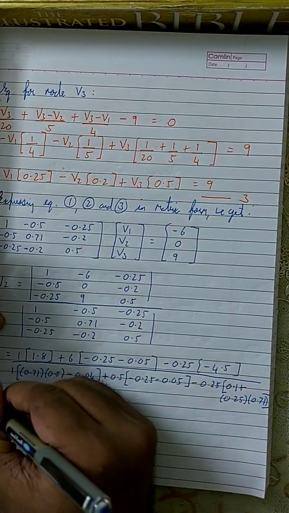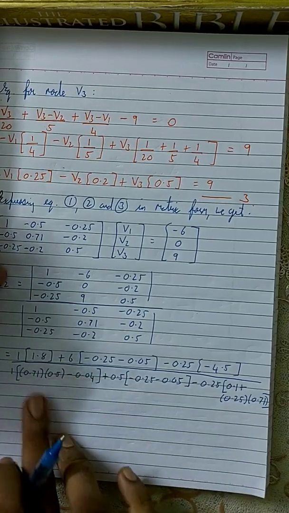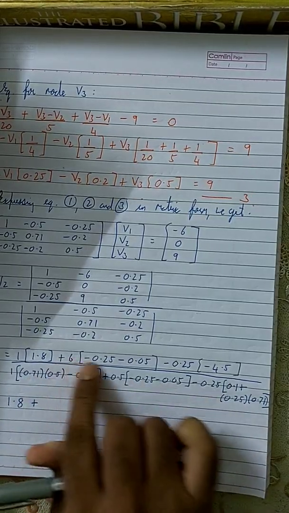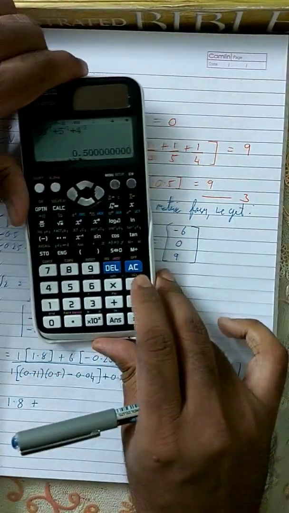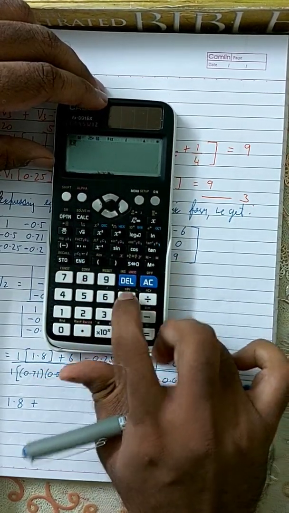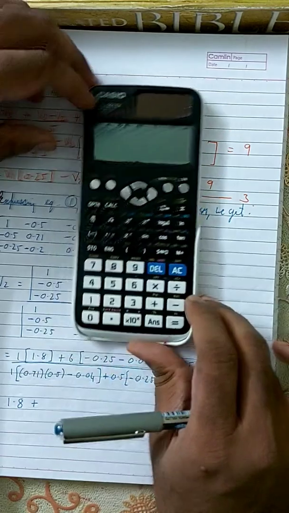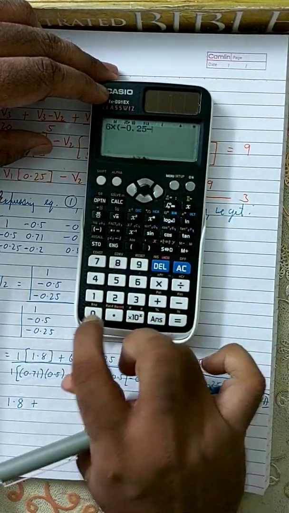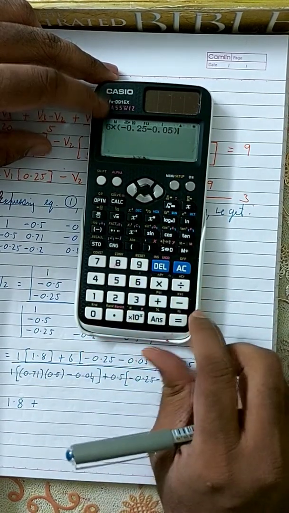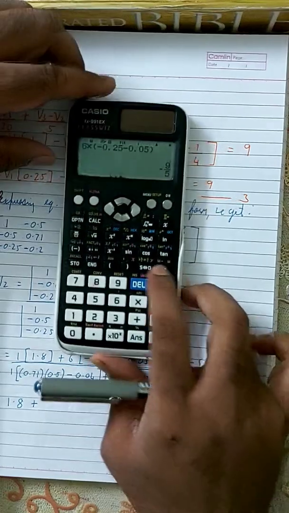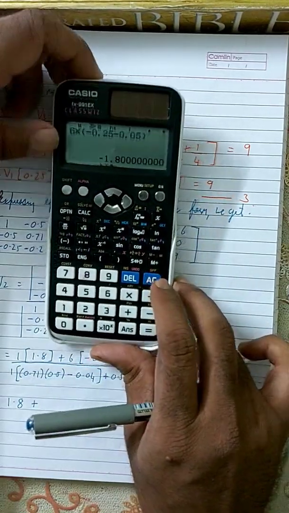So I will find the value right now. I think I will just reduce and make it more simple. What's 1.8 plus, what is this? This is nothing but 6 into bracket minus 0.25 minus 0.05. 6 into minus 0.25 minus 0.05, and you will get minus 9 by 5, which is minus 1.8.